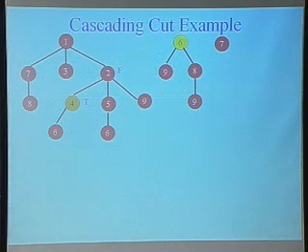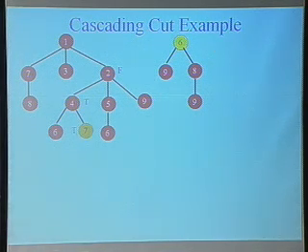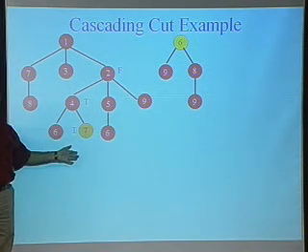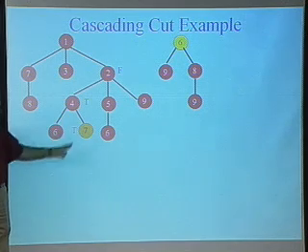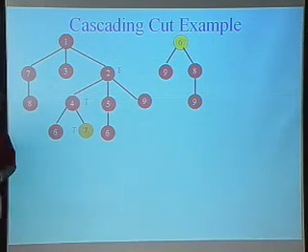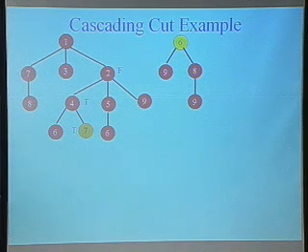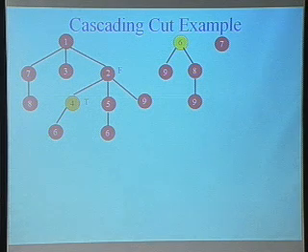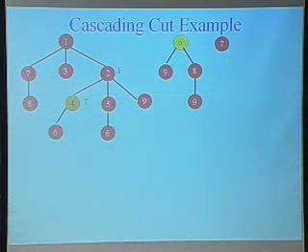Keep in mind that even though in this figure this node is simply a single node, in reality it could have a large number of subtrees, and all of those get moved along with the 7 up to the top level. So a large number of subtrees get promoted up to the top level.